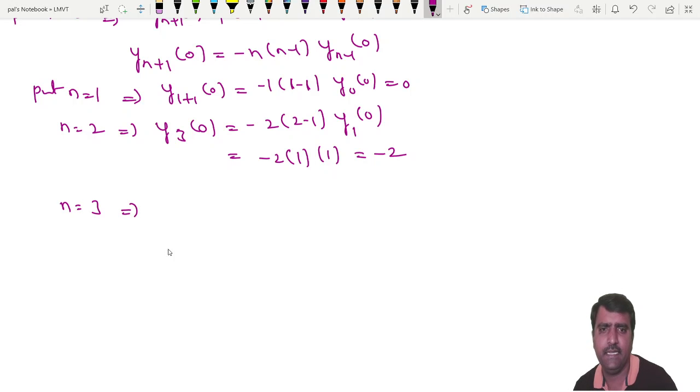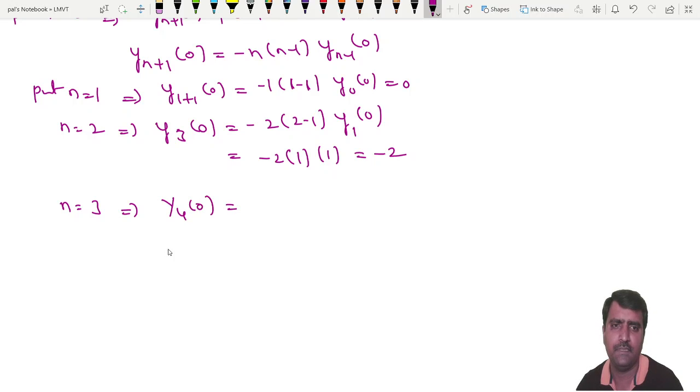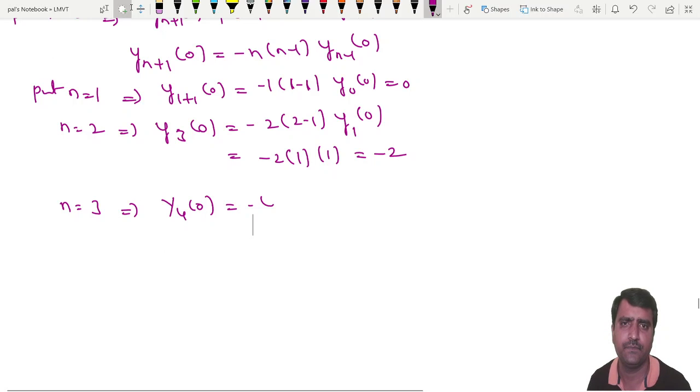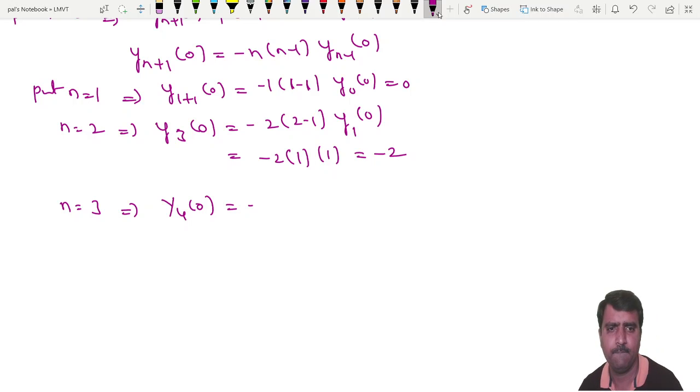If n is 3, then it is 3 plus 1, which is 4. y4 of 0 is equal to minus 3 into 3 minus 1 into y3 minus 1, that is y2 of 0, which is equal to minus 3 into 2 into y2 of 0.